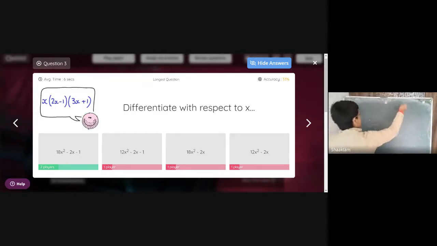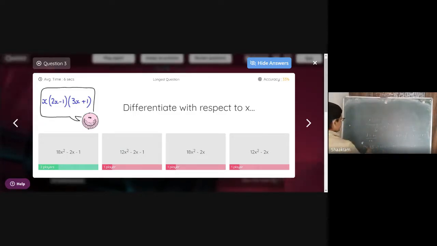Then differentiation of 3x plus 1 by dx is equal to 3. What they're asking is multiplication. So you got this one as 4x minus 1. So you'll do 4x minus 1 into d3 by dx plus 3 into d of 4x minus 1 by dx.